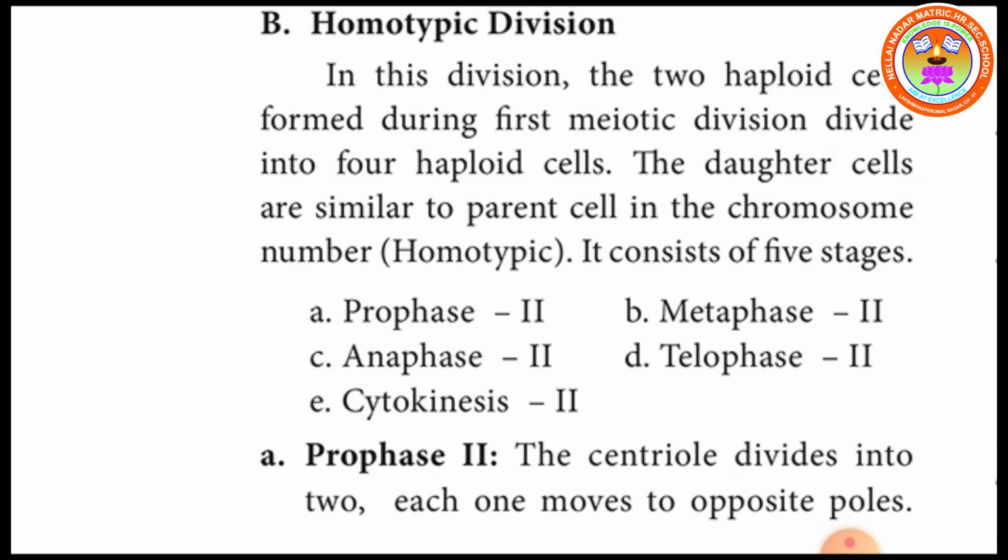So at the end of meiosis 2, the 2 daughter cells divide further and form 4 daughter cells.